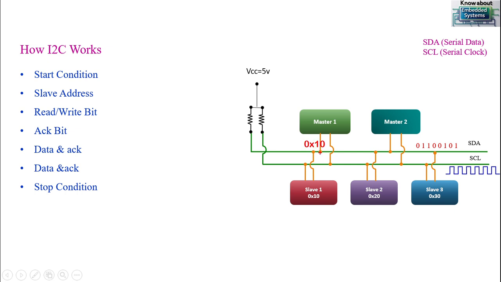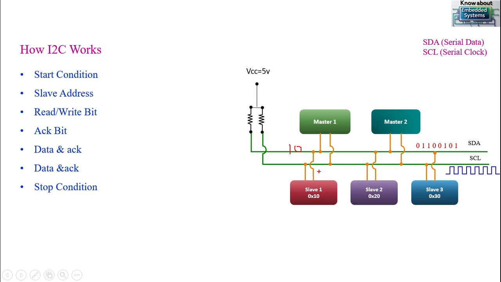Your slaves will compare the transmitted slave address, 10, with their own address. Slave 2's address is 20, so it will ignore it. Slave 3 compares 10 with 30, which also does not match, so slave 3 is neglected as well. For slave 1, the address sent by the master is 10 and its own address is also 10.